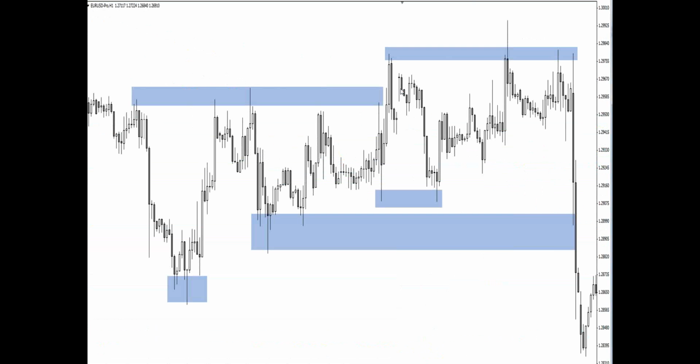Now these are also historical buyers and sellers. You can see in this region historical buying, and in this region historical selling. Now if you move this rectangle to this side, you can see that again this was sold off based on historical sellers. This is historical buying.